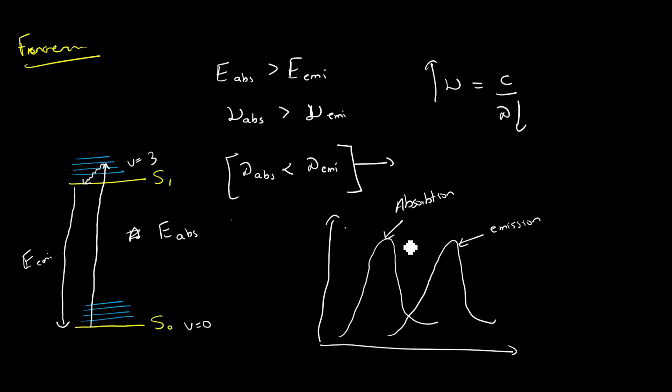Now you will see there is a deviation from absorption to emission. This is the lambda. Let's put this one as lambda 1 and lambda 2. So my question is, what is lambda 1 and what is lambda 2?